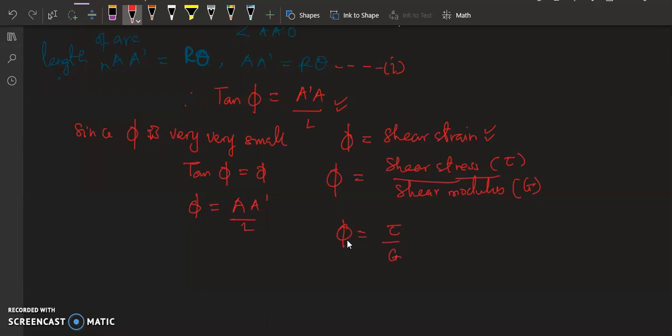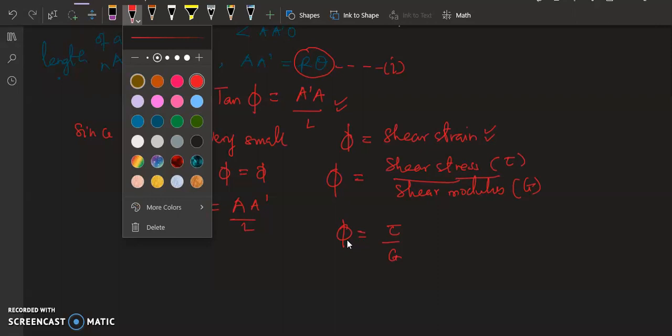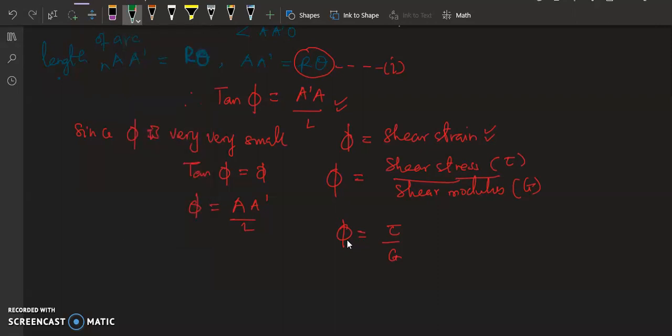So from here, we know that A A prime is equivalent to what? R theta. So if we substitute the same in that equation, we're going to end up with phi is equivalent to R theta over L. And that can be easily equated to this other part of the equation.